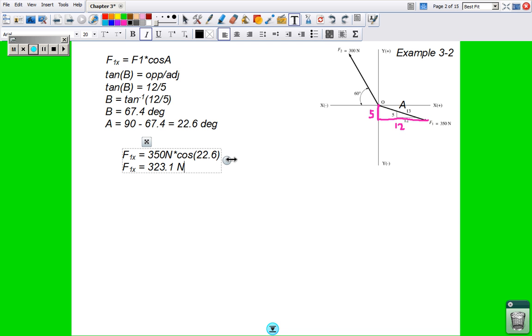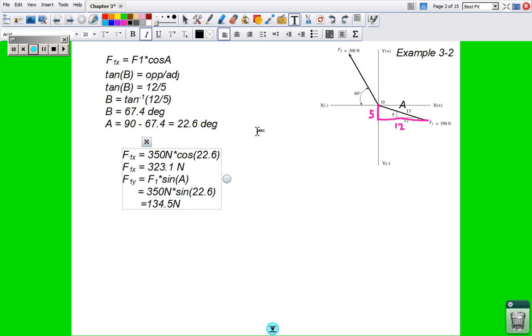Alright, so I can do the same thing with F1y. It's F1 times sine A, so that's going to be equal to 350 newtons times sine 22.6 degrees, and I get 134.5 newtons.